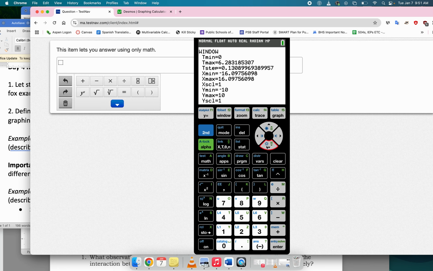These default settings look pretty good. If your T step is too big, your graph will look kind of blocky. If I just type in 1, you can see it looks like a hexagon or something. What it's doing is plugging in certain values of t and connecting them with straight lines.